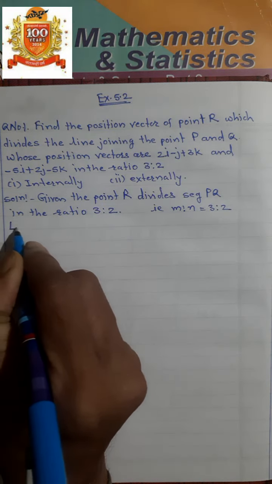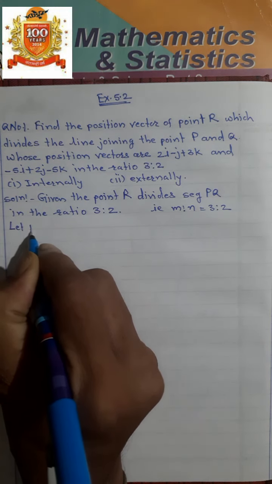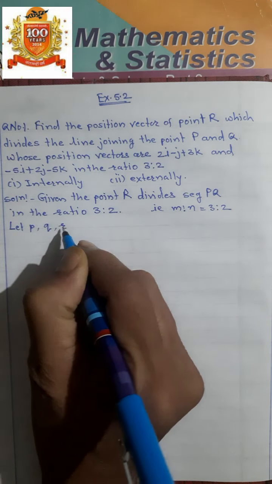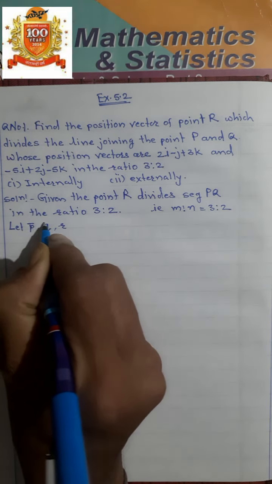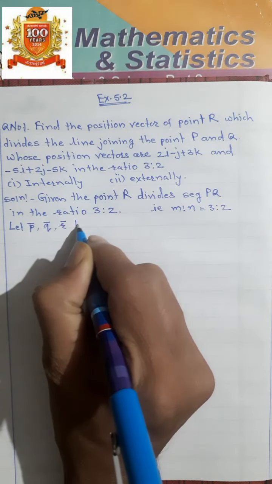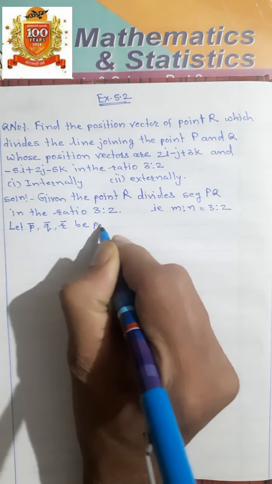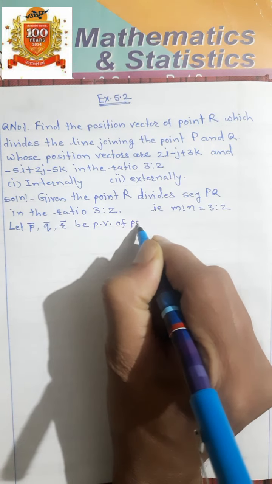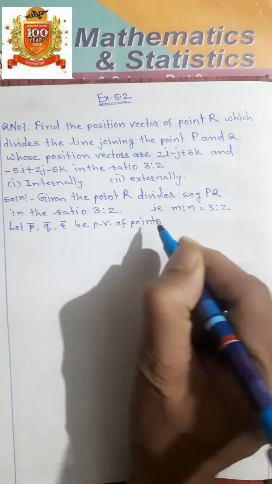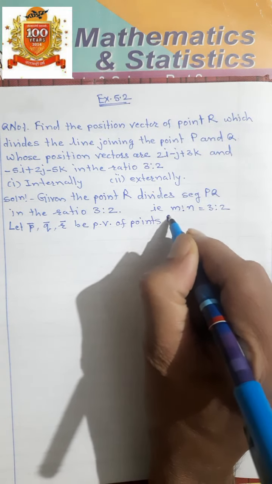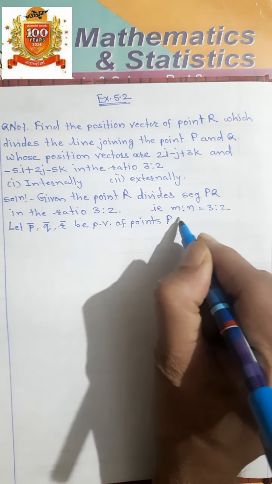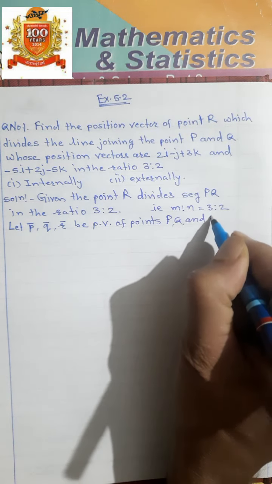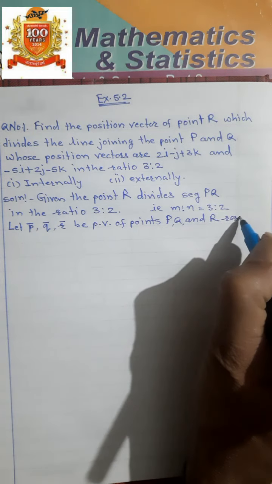Let small p bar, small q bar, small r bar be the position vectors of points P, Q and R respectively.